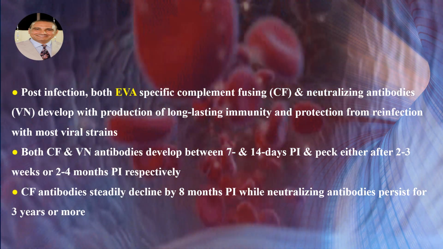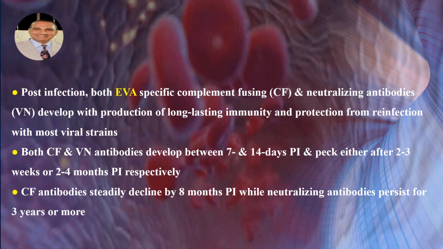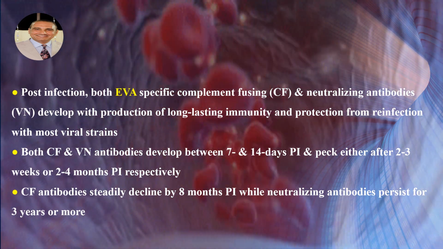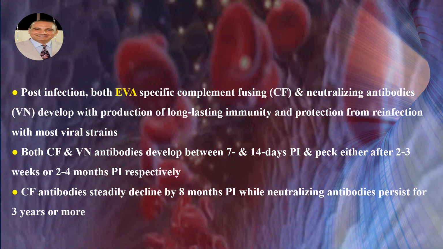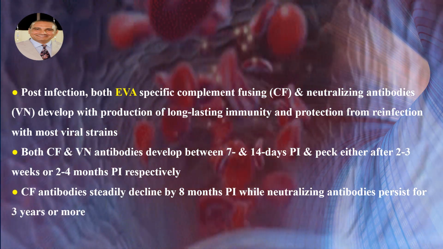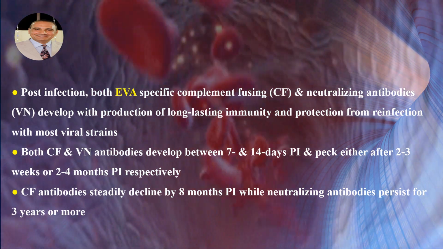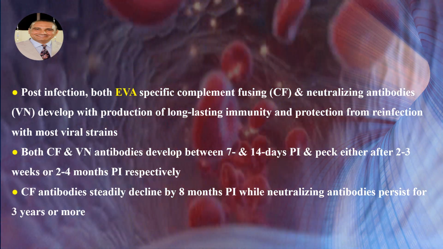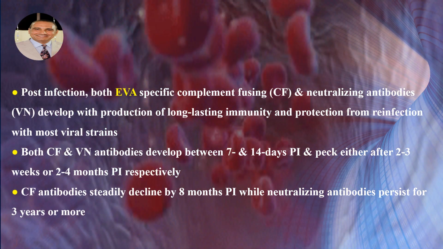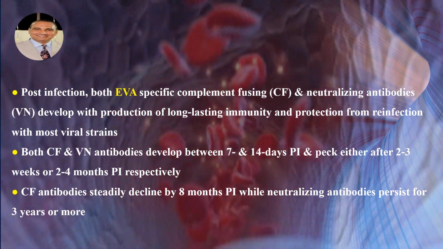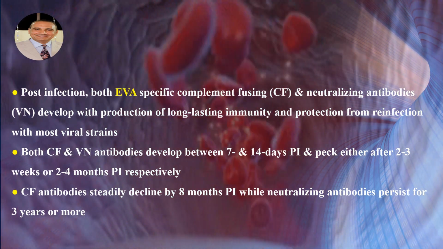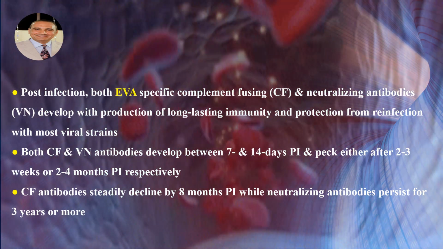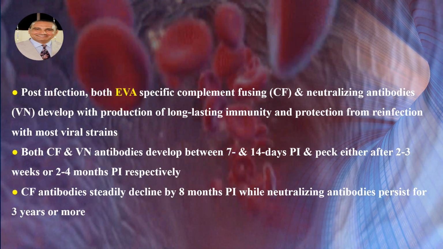Both complement-fixing and virus neutralizing antibodies develop between 7 and 14 days post-infection, then peak either after 2 to 3 weeks or 2 to 4 months post-infection respectively. Complement-fixing antibodies steadily decline by 8 months post-infection, while virus neutralizing antibodies persist for 3 years or more.